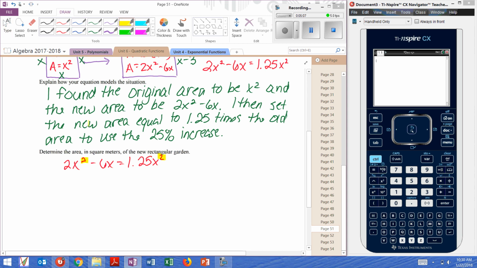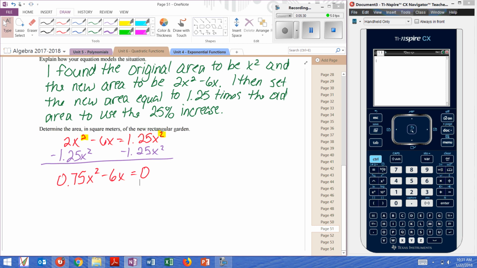Because we got some x squareds happening. So I'm going to take away 1.25x squared from both sides. And what do I get? 0.75x squared minus 6x is equal to 0.